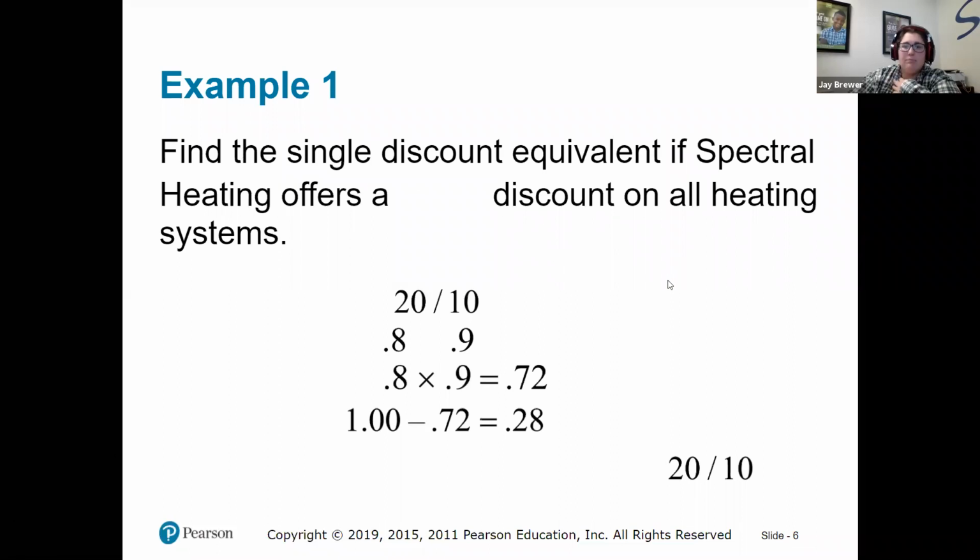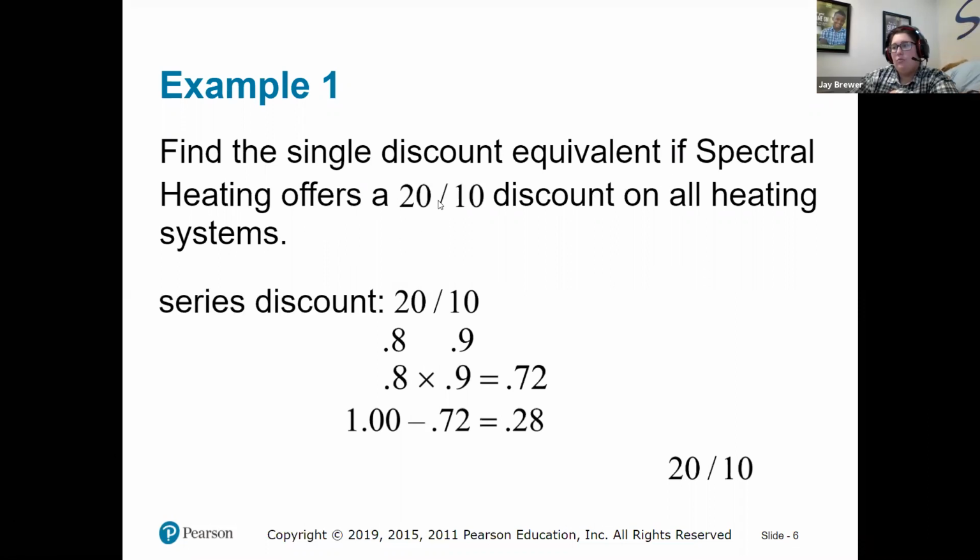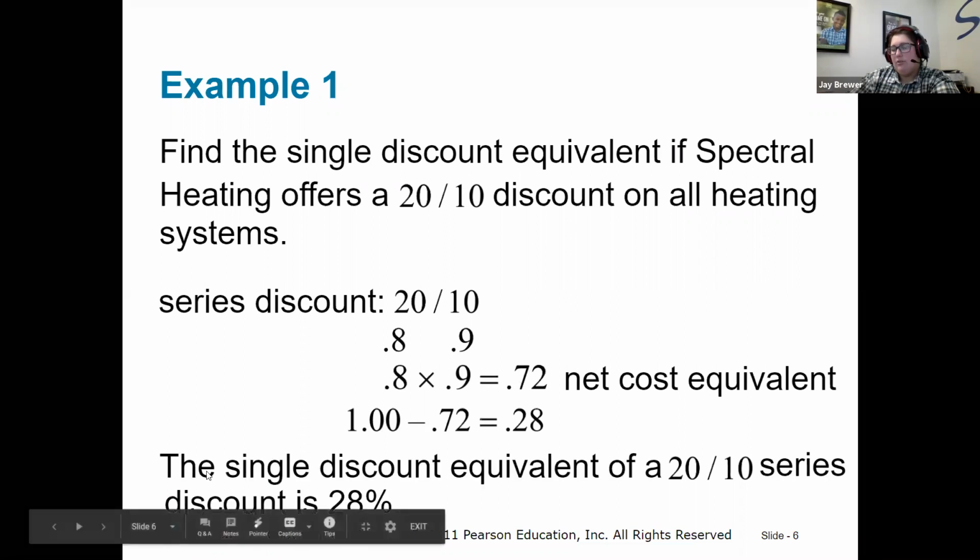So I think it's always better if you do this with an example. Find the single discount equivalent if Spectral Heating offers a 20, 10 discount on heating systems. Series discount is 20, 10. They found their complements, and then once they found their complement, they found their equivalent, and then they subtracted. So the single discount equivalent of a 20, 10 series discount is 28%.